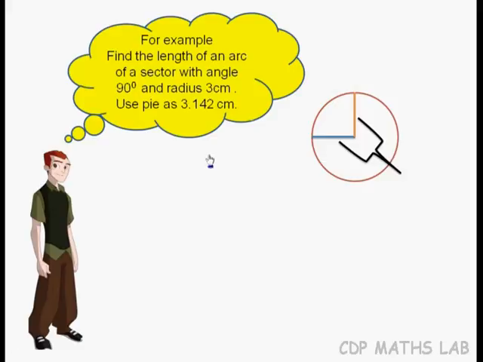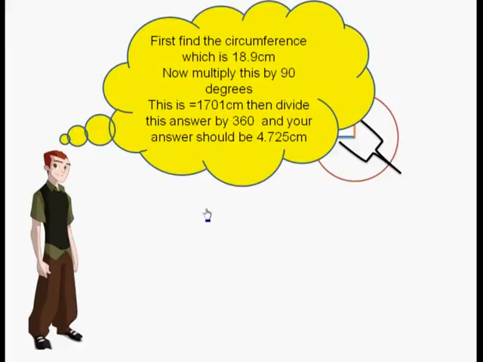Alright, and then when you have done that, you're going to multiply the circumference by 90 degrees, and after you get your answer, you're going to divide that answer by 360 degrees. Remember, I just showed you. So first, find the circumference, which is 18.9 centimeter.